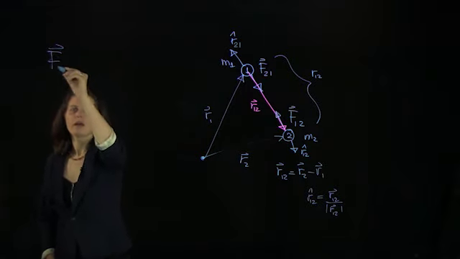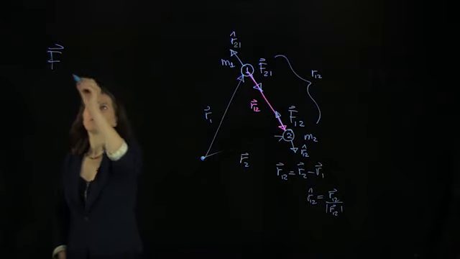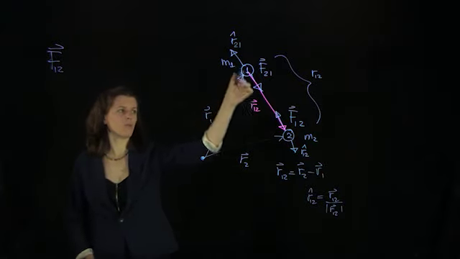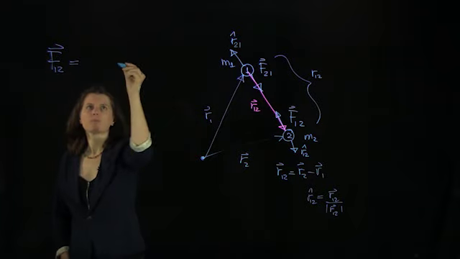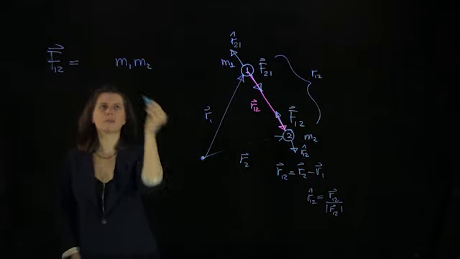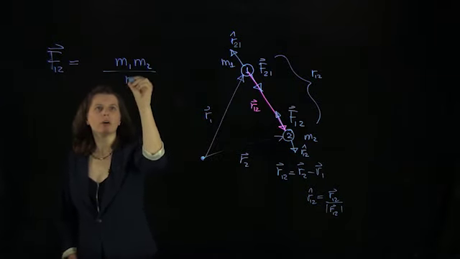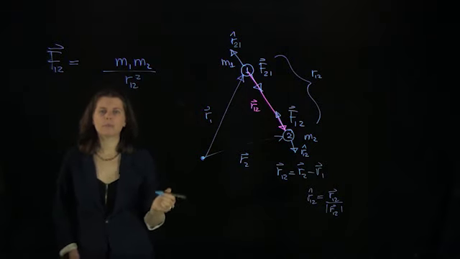So we're going to look at object 2. The force on object 2, due to the interaction between objects 1 and 2, is proportional to the mass of the two objects. We already said that in the beginning. And the square of the distance between the two objects.